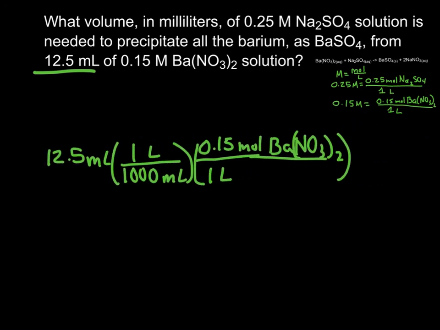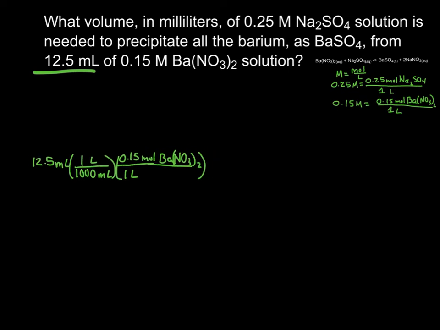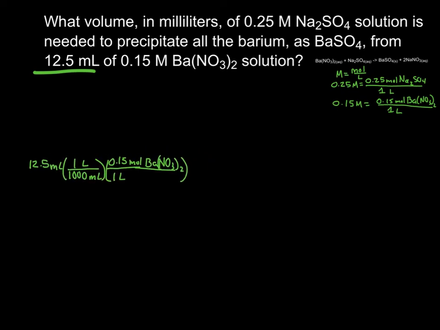So we can get rid of our liters that way. Now we can use the mole ratio from the equation. If you take a look at the equation, we have 1 mole of barium nitrate for every mole of sodium sulfate that's used. So this is a 1-to-1 ratio.